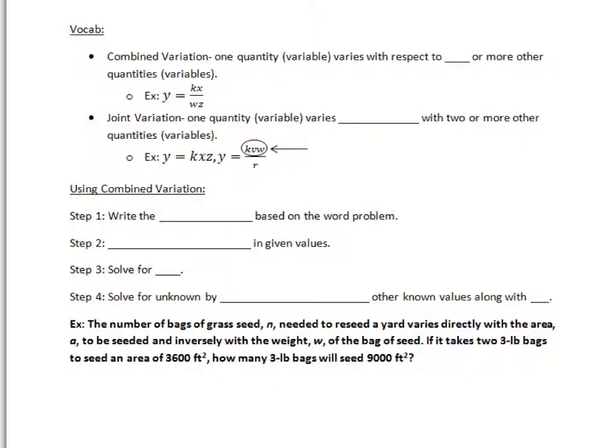Well, if you flip your notes over, we have a couple more variations to talk about. We have combined and we have joint variation. Combined variation is when a variable varies with respect to two or more other variables.